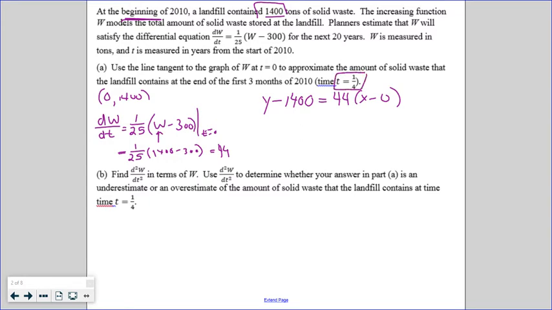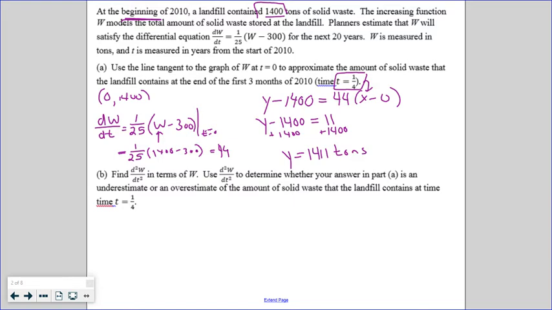So at time equals 1/4, plugging that in, and I said x, but that's really our independent variable there, t, we'd have y minus 1,400 equals 1/4 minus 0 is 1/4 times 44. So 44 divided by 4 would be 11. Or we would get, adding 11 to that, 1,411 tons.